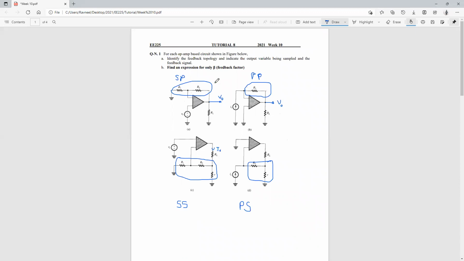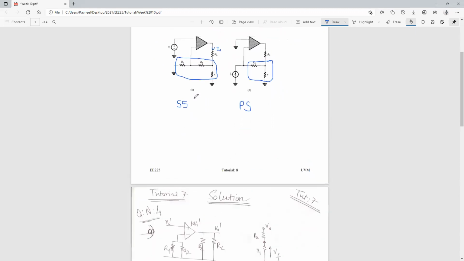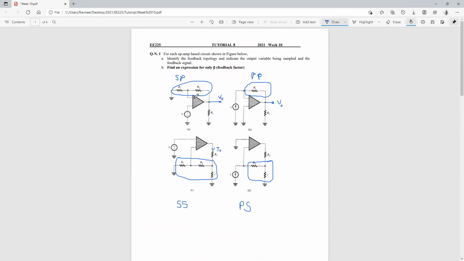So your feedback basically is associated to your supply. Whatever variable you have as a supply, that will be your feedback, because you cannot directly mix a current with voltage. When you are mixing or feeding something, you have to feed it with the same thing. You can only mix voltage with voltage and current with current.